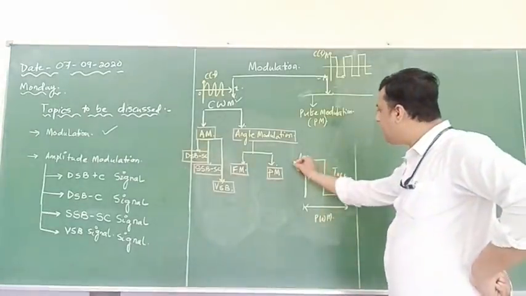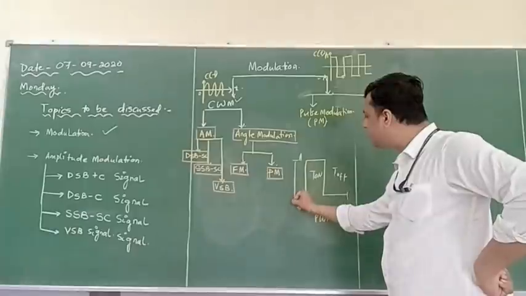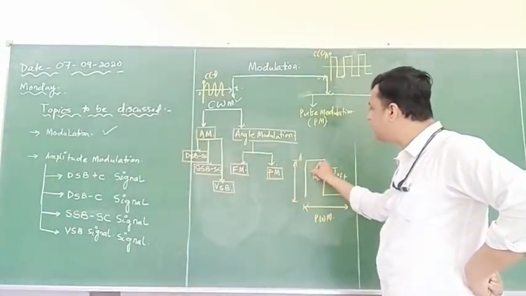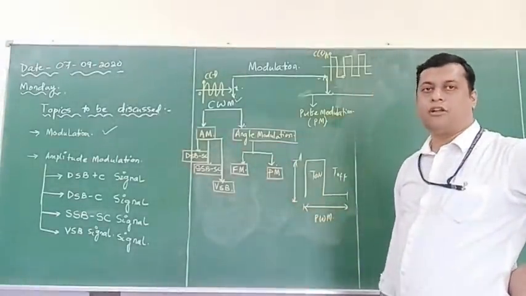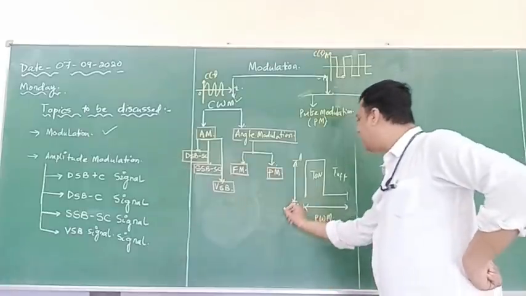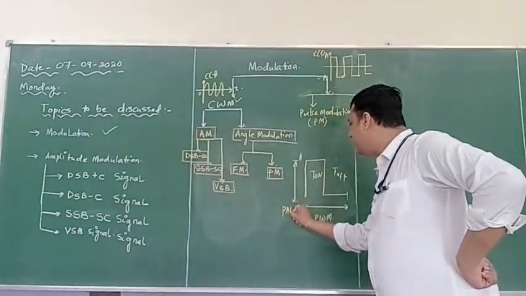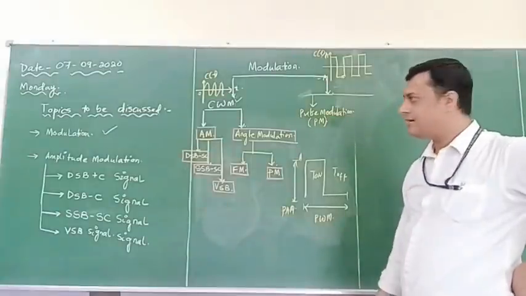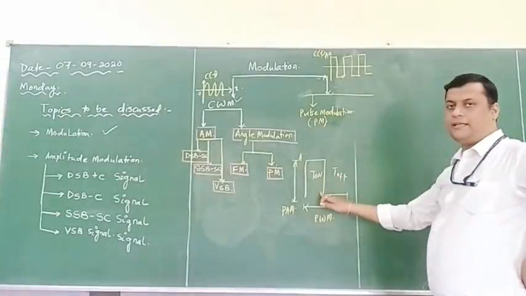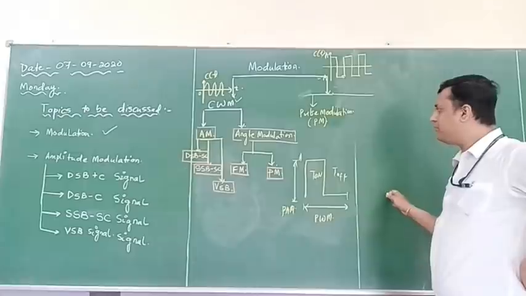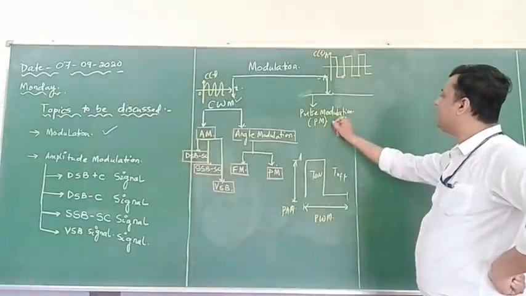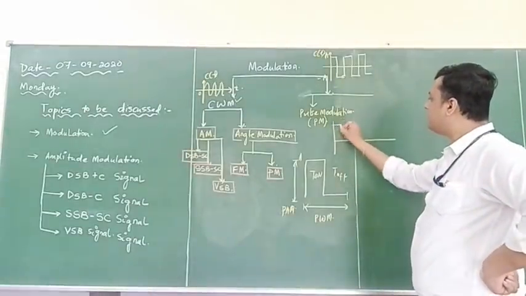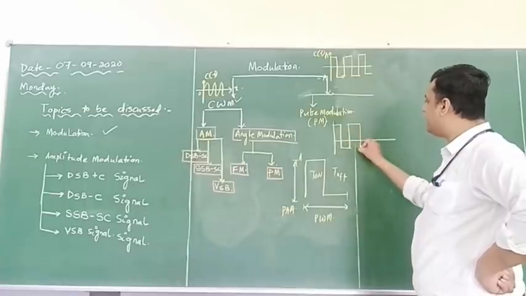Similarly, if we vary the amplitude of the pulse with respect to the modulating signal, it is called pulse amplitude modulation. Next, this is my original pulse of the carrier.